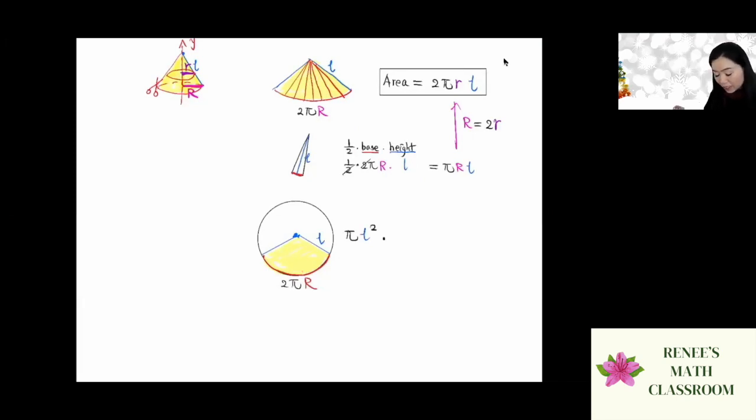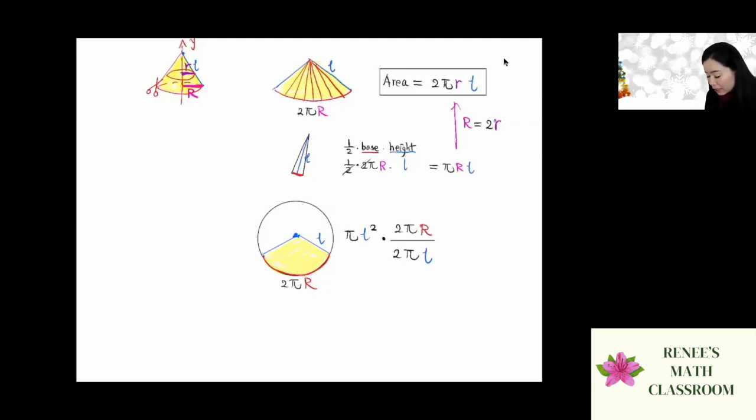So we'll use a ratio. The arc length over here is 2 pi times big R. The circumference of the big circle is 2 pi L. So the area here is proportional to this arc, right?